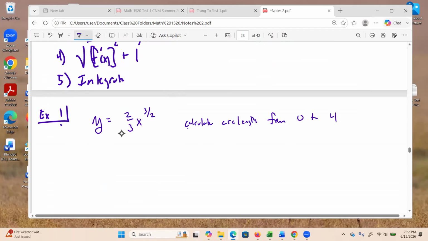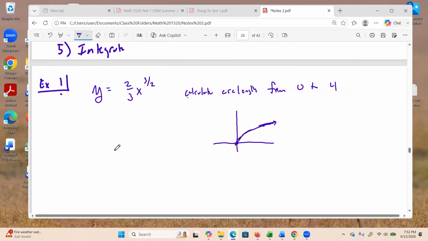So the idea here is we're going to get 2/3 x to the 3/2 and calculate the arc length from 0 to 4. You don't have to draw a picture, but x to the 3/2 looks kind of like half of a bird here. We're going to go from 0 to 4, and we just want to figure out what the length of this line part here is.